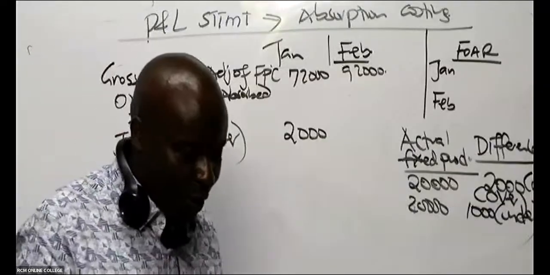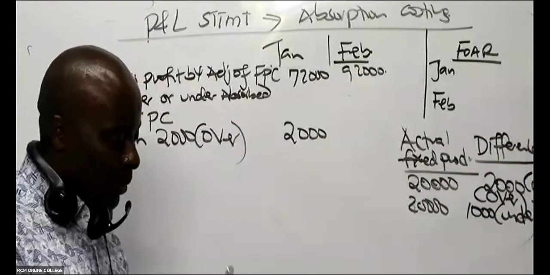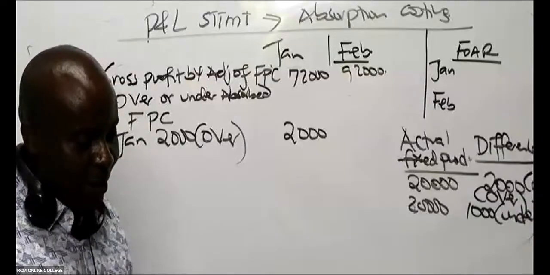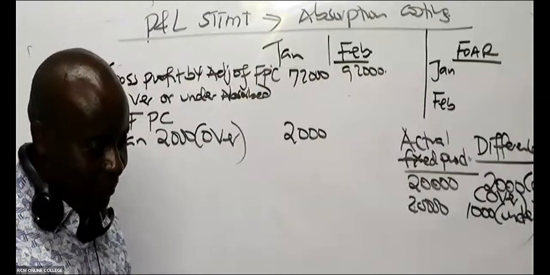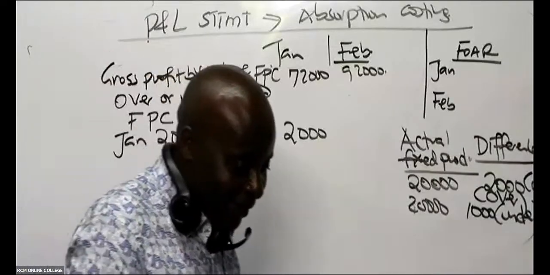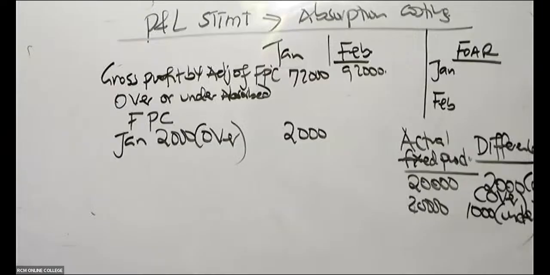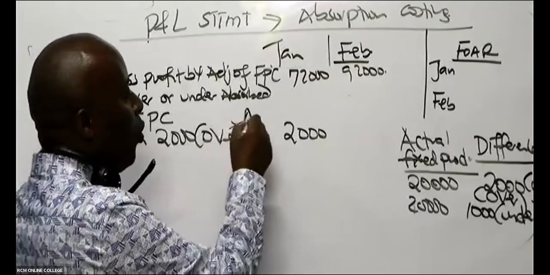Tell me add or subtract, or if you know nothing, tell me Ich weiß nichts, a German statement saying I know nothing. Add or subtract. So in this case here, whenever it is over, we shall always add.